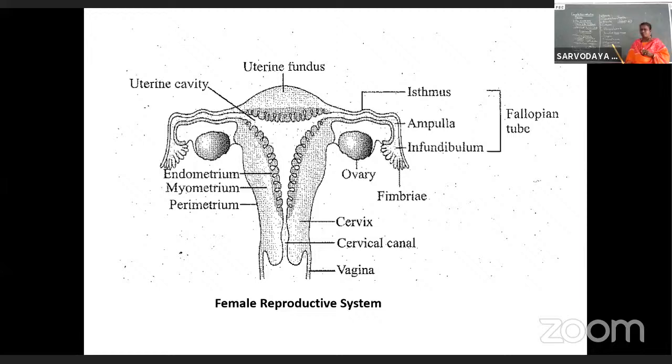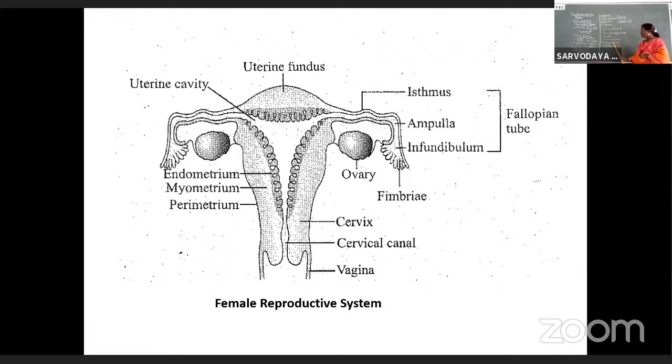The third layer, endometrium. While labeling, keep in mind, endo means inside. So naturally, where should the labeling go? It should be to the inside of the uterus. So while labeling, please give a little care. How do you label the layers of the uterus?